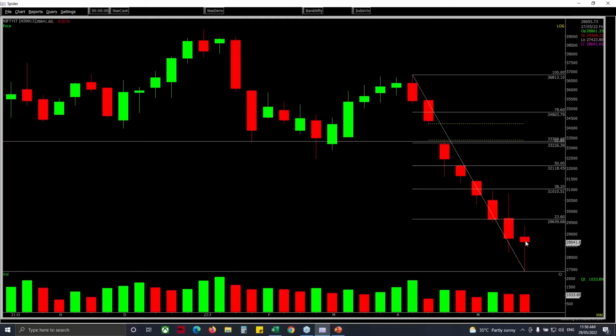Sellers are not expecting a further down move, buyers are not expecting a further move. If prices breach the high of this candle, a move can be expected, where resistance might be faced at different levels as per the retracement.